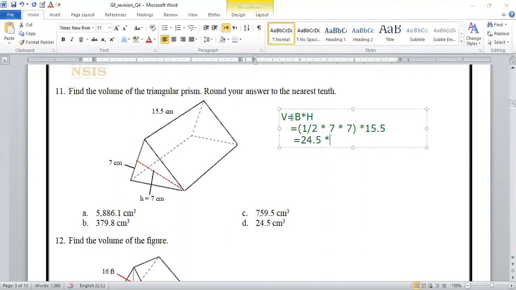Times the height of the prism, which is 15.5. The volume of the prism equals 379.8 cubic centimeters. So the answer is number B.